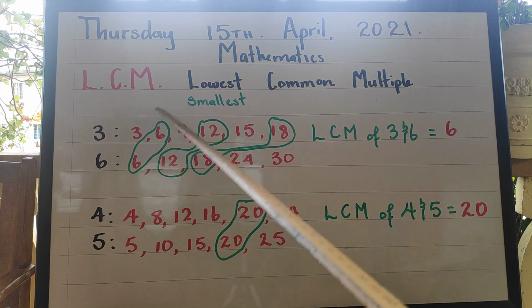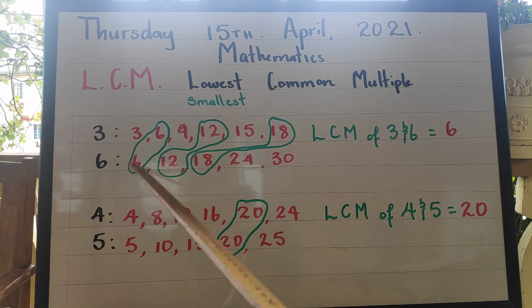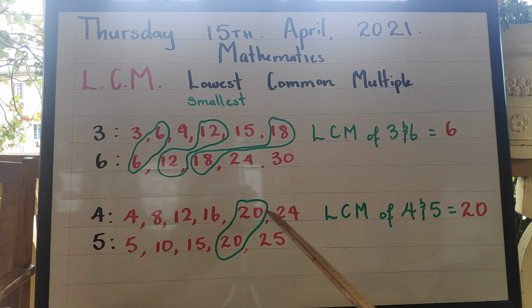You don't need to go any further. Here, you write down your numbers, and by the time you reach 20 for the multiples of 5, you could stop because you've got the lowest common multiple. So that is what we are doing today.